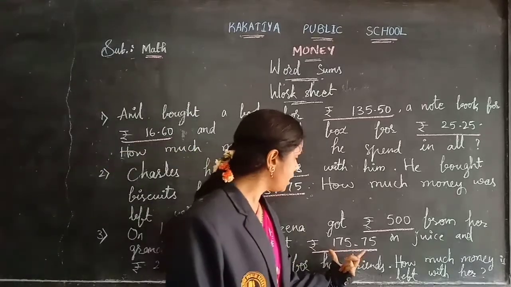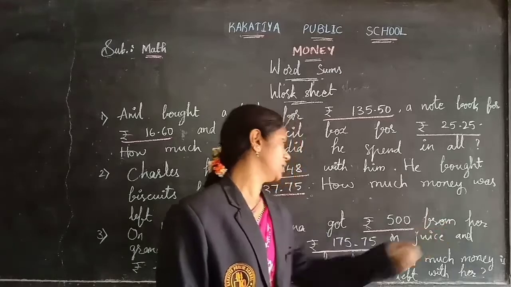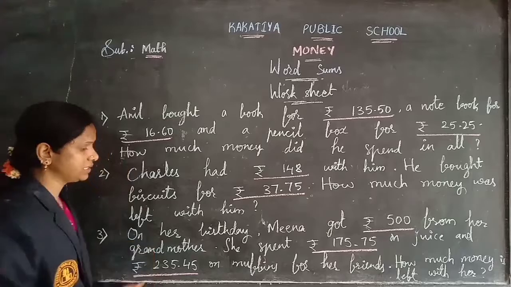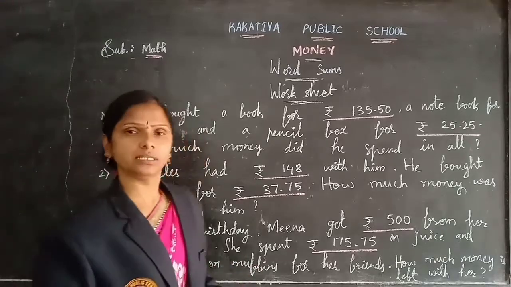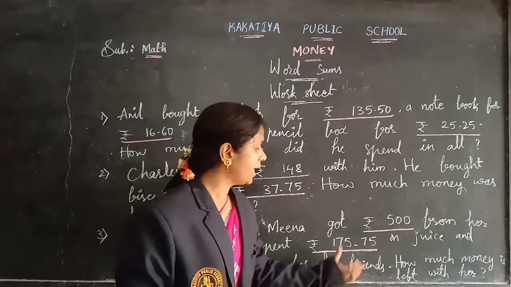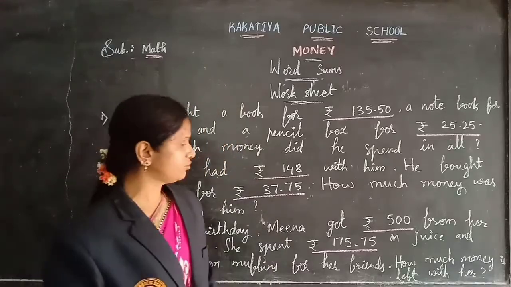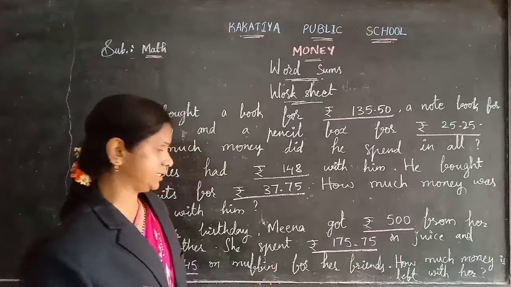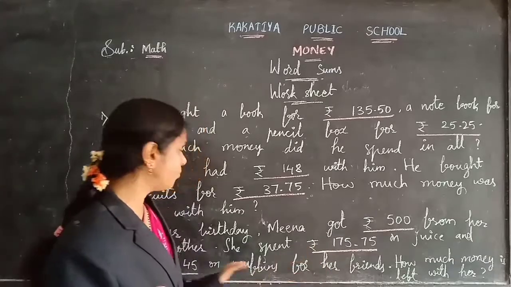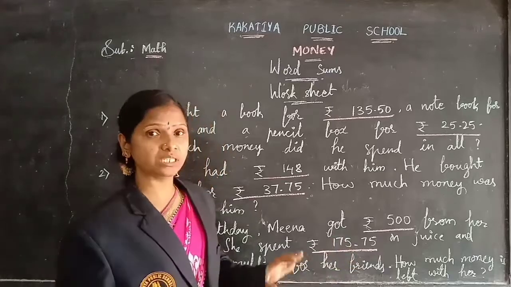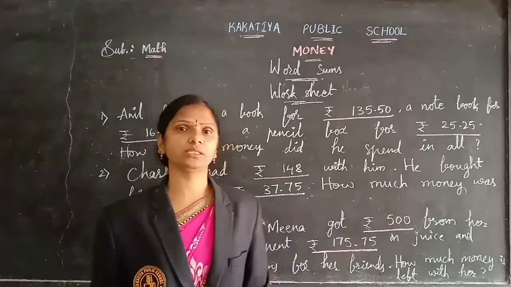Okay, this much amount on juice, and 235 rupees 45 paise on muffins. Okay, for her friends. Means she bought two items, which are juice and muffins, and their cost amount is also given. Means these two items' amount is spent from the 500 rupees.